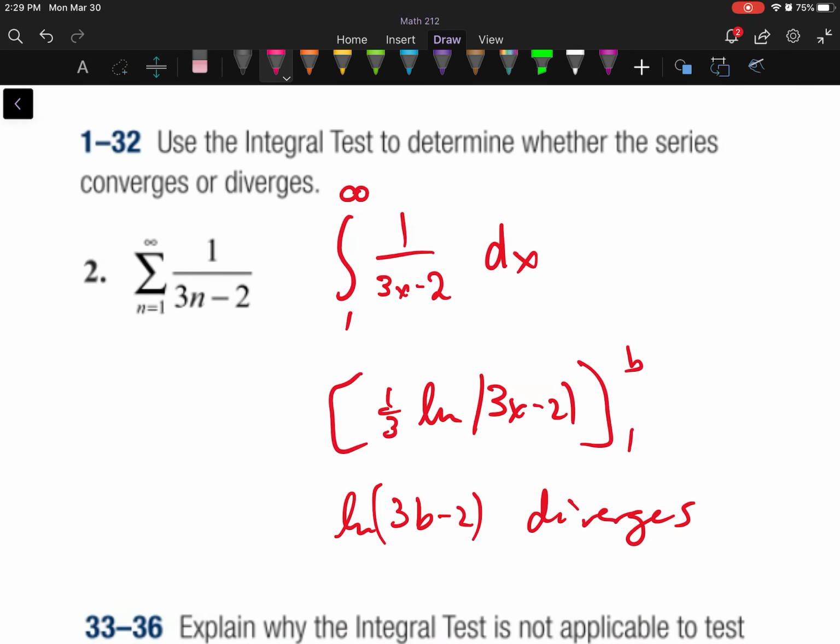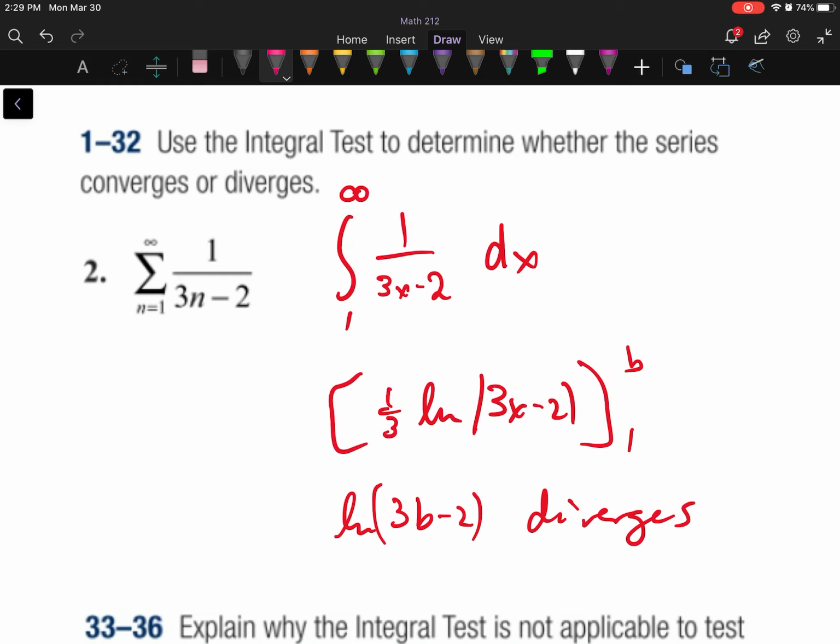Number 2 in section 10.3. Use the integral test to determine whether the series converges or diverges. And again, we just use the continuous function that matches up with 1 over 3n minus 2. And when you take the antiderivative here, you get a natural log, and that natural log is going to diverge.